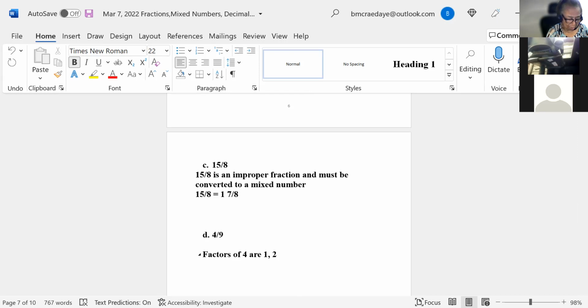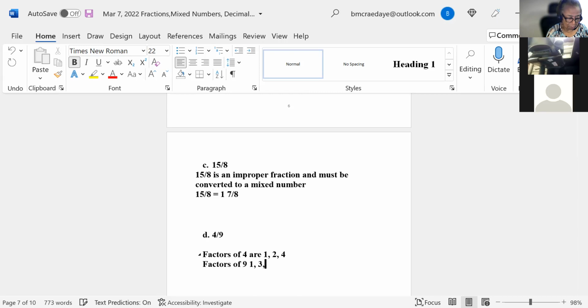And 4. That's right. Remember, you always start with 1 and with 4. Now you have 2 in between. Now let's do the factors of 9. 1, what else? 3.